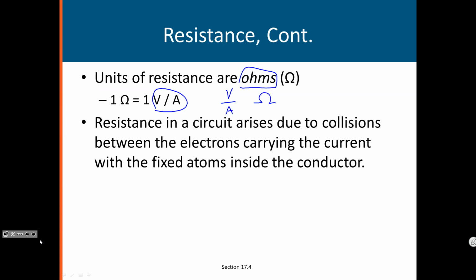We have the symbol omega, not the letter O. This is a Greek letter called omega. We call the unit ohm, we don't call it omega. So 1 volt per ampere is 1 ohm, named after the scientist who discovered this relationship between potential difference and current.